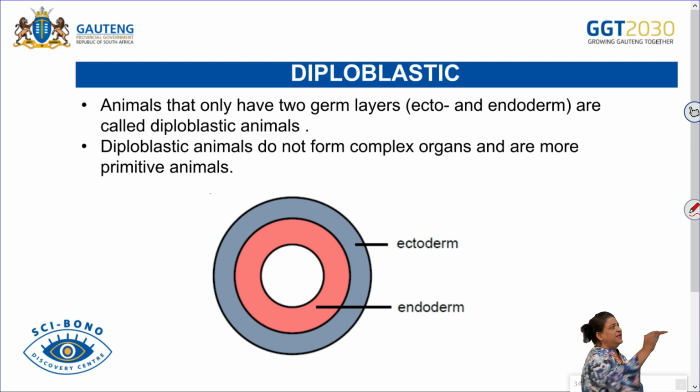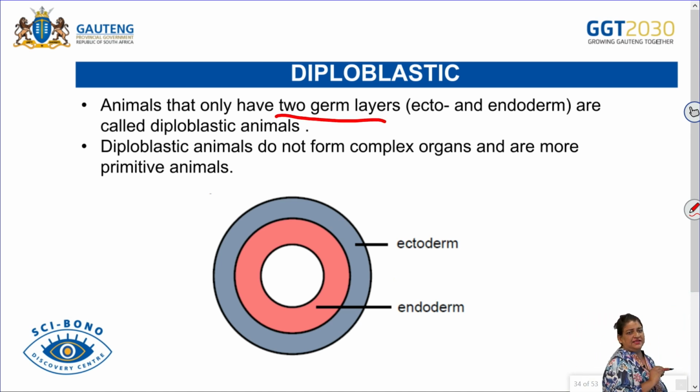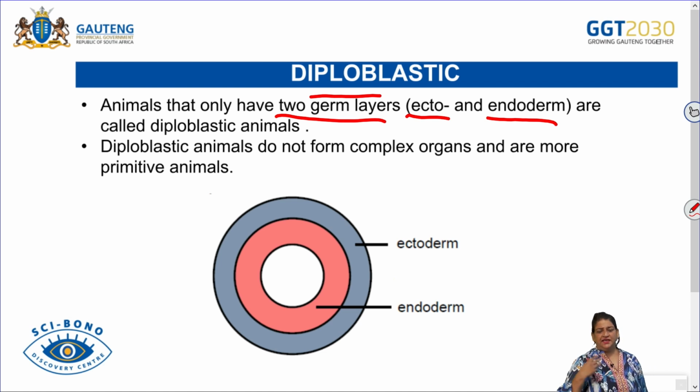So if an animal has only two germ layers, outer ectoderm and inner endoderm, two layers, and you can see outer ectoderm, inner endoderm, then this is called what we say diploblastic. Diplo means two layers, ectoderm and endoderm, which we find where? We find it in our flatworms, okay? In our flatworms, Platyhelminthes.